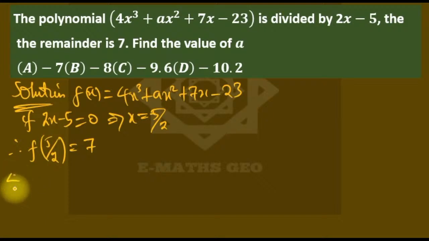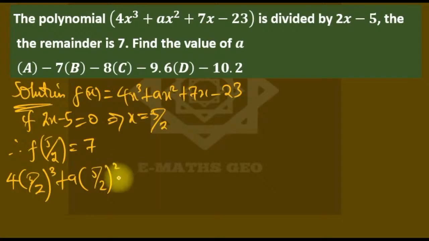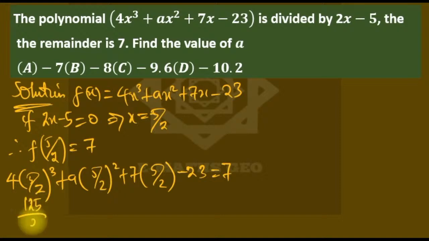So we have that this is 4 times 5 over 2 raised to power 3 plus a times 5 over 2 squared plus 7 times 5 over 2 minus 23, which is equal to 7. Let's see what we get. This is 125 over 8 times 4, which is 125 over 2.